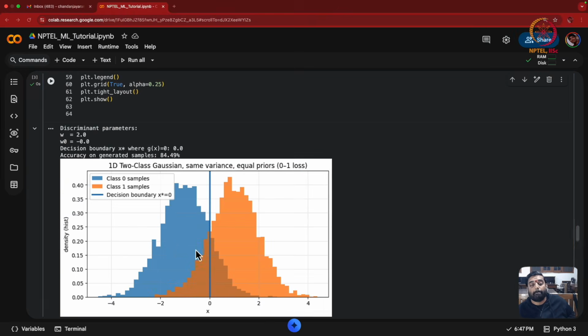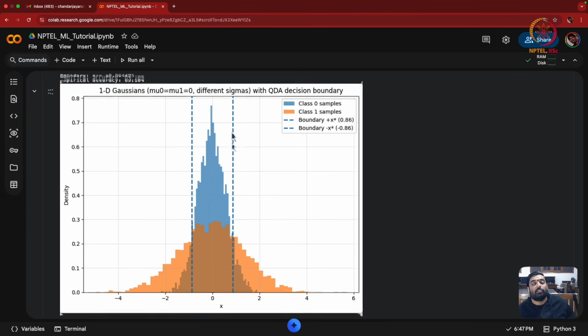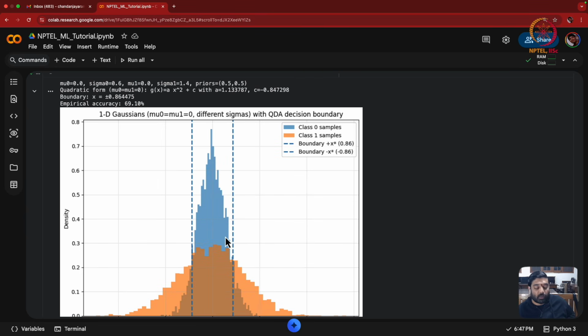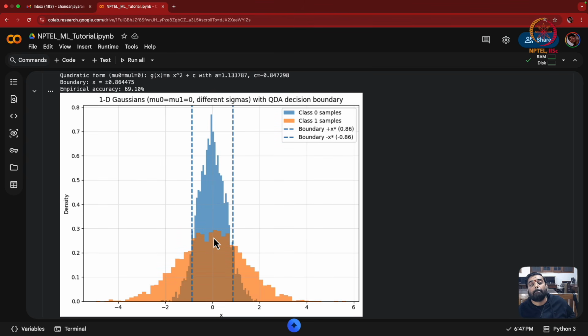Now how will it look? That's what the next code is about. This is how your data will look. Since you have a square, you take the square root of it, so you will have the plus and minus. Now this is how the boundary looks.